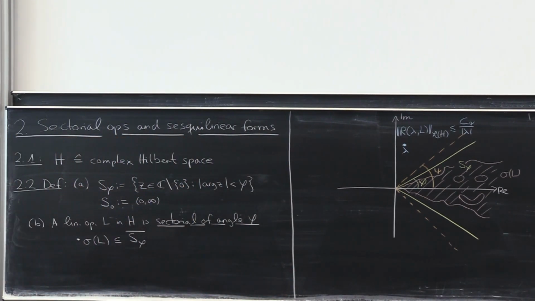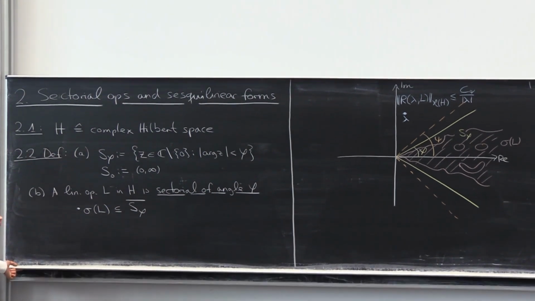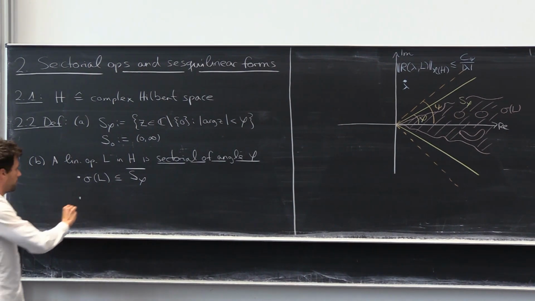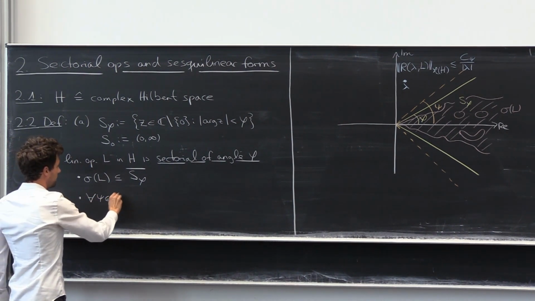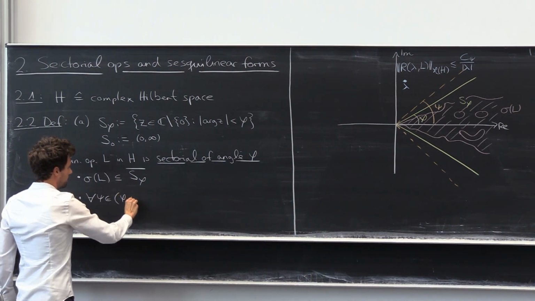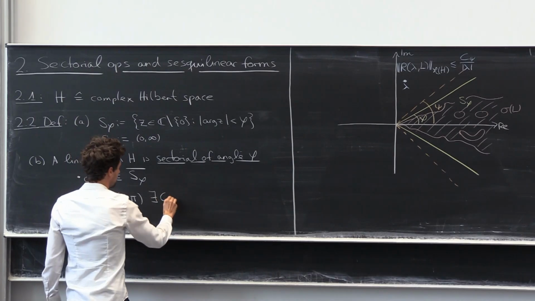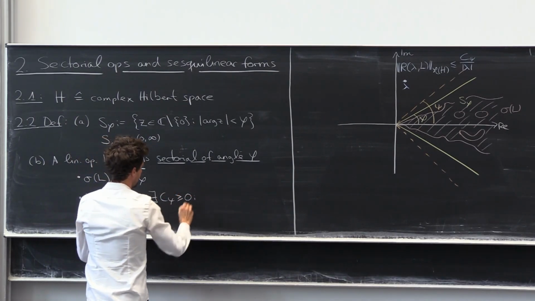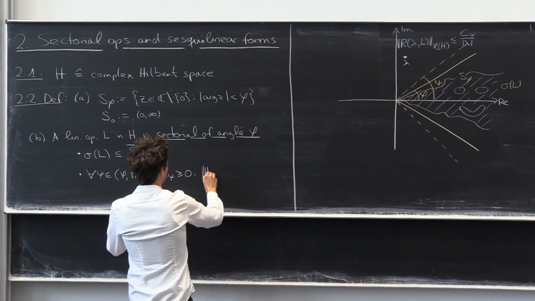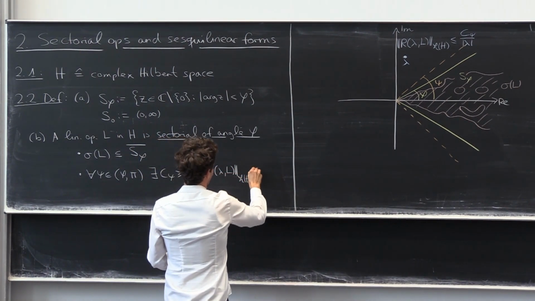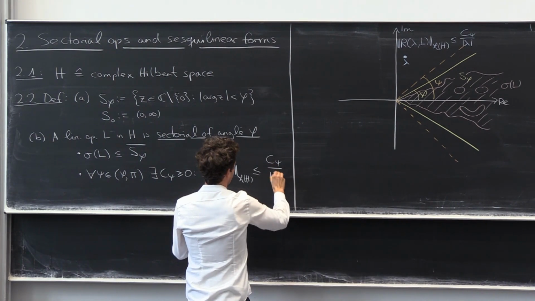Okay. So that's what I want, and I'm going to write it down here. And I want this for every sector larger than the sector of angle phi that I chose before. So I want, in addition, that whenever psi is between phi and pi, then I want a constant to exist with the property that it controls the growth of the resolvent in operator norm as I drew it on the board.